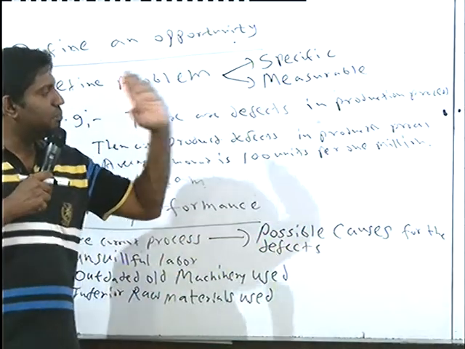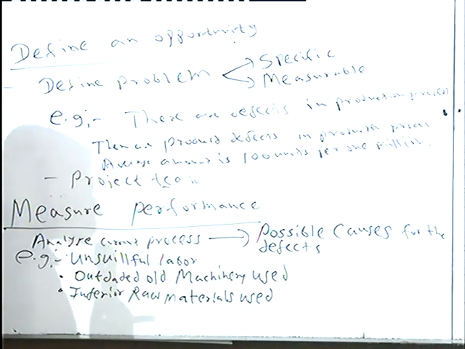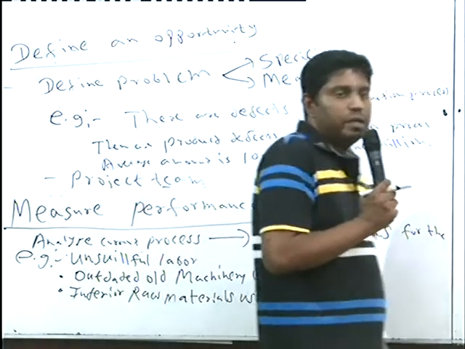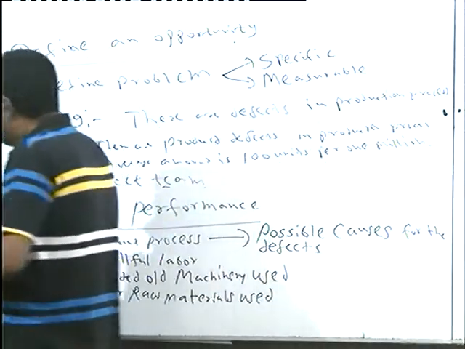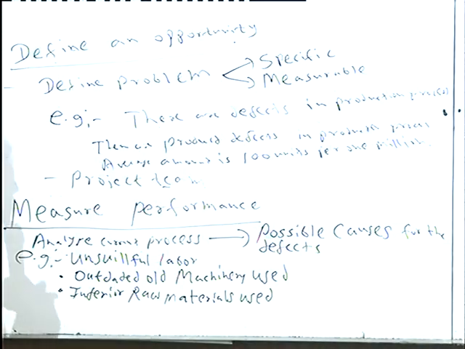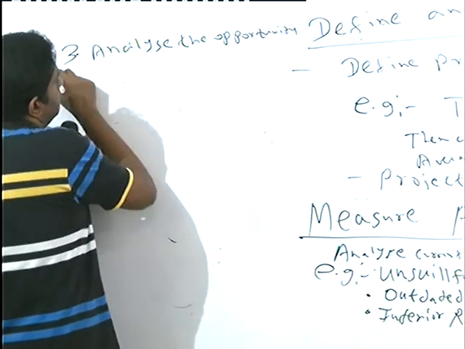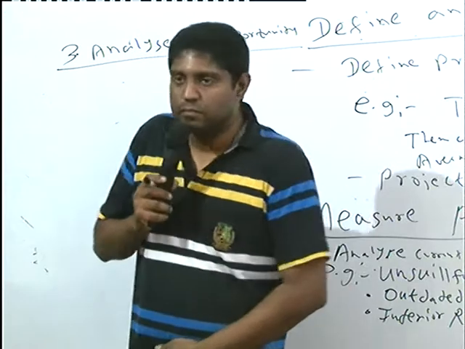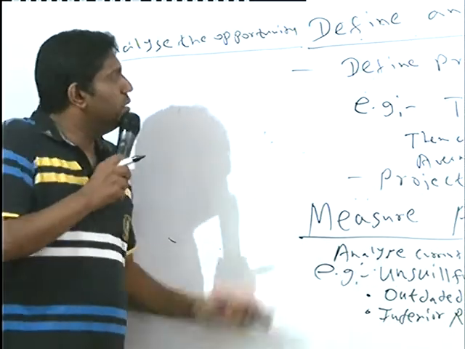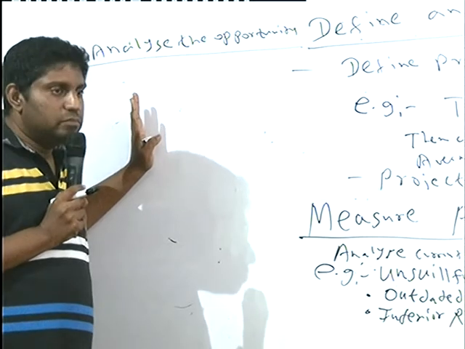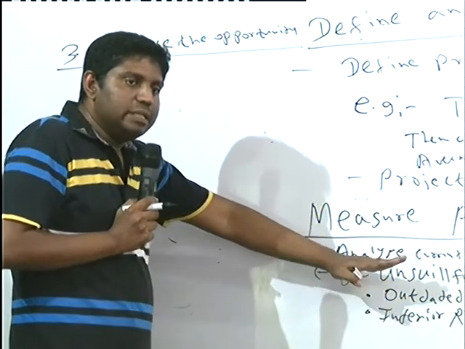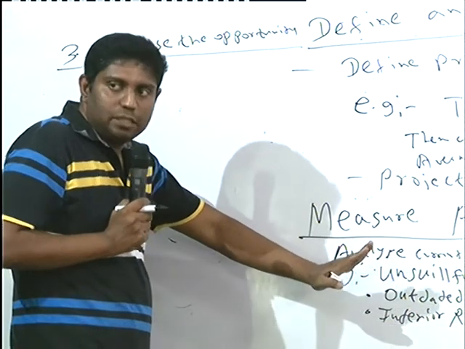Then step number 3, what is step number 3? Analyze the opportunity is step number 3. Here you will look in detail at the reasons identified under step number 2.